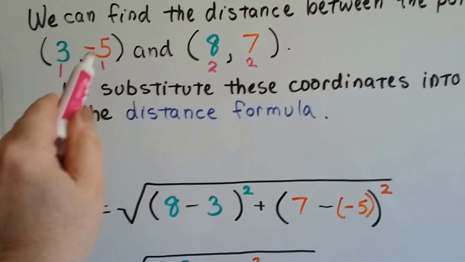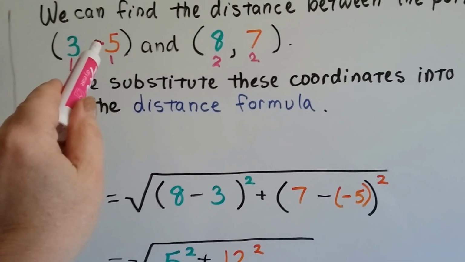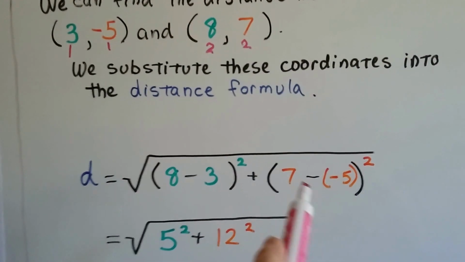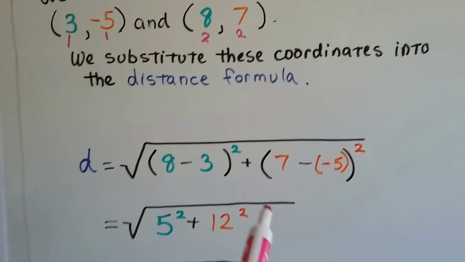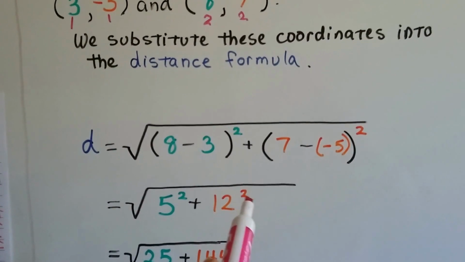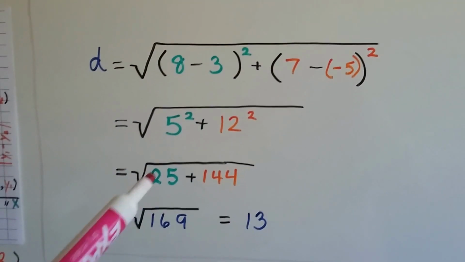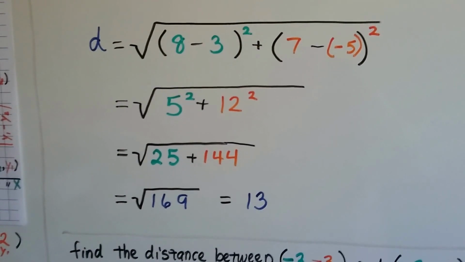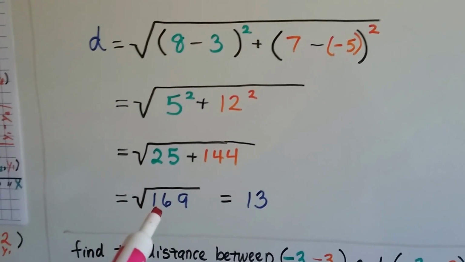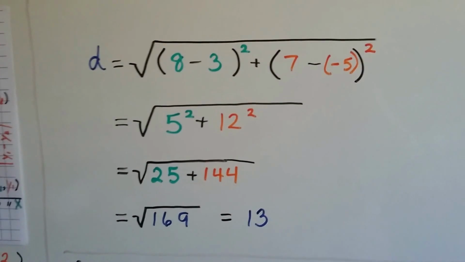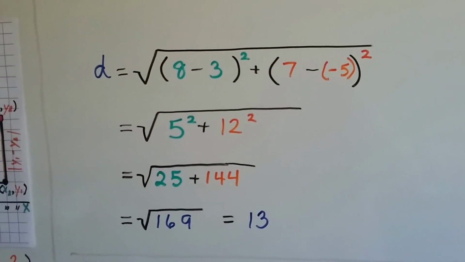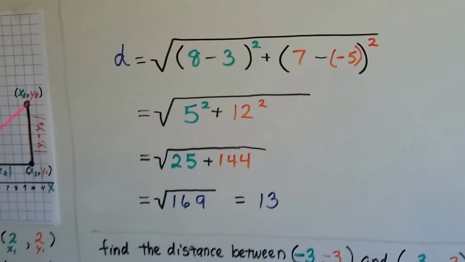So we're going to have 7 minus a negative 5. And when we subtract a negative 5, we're going to add the opposite, aren't we? So we're going to do 7 plus 5, and then that's squared. So now we have 5 squared plus 12 squared. That's 25 plus 144, and that's 169. And the square root of 169 is 13.